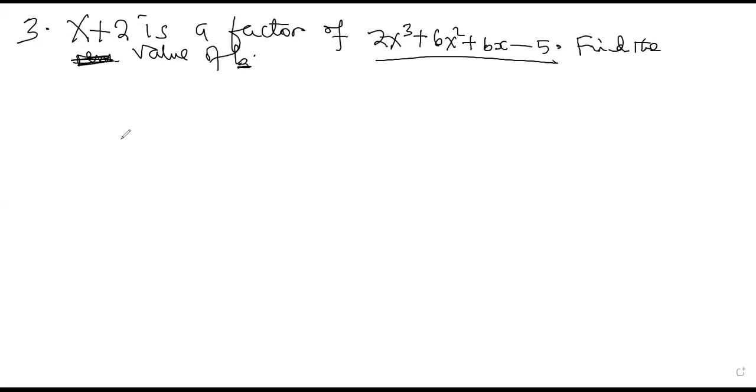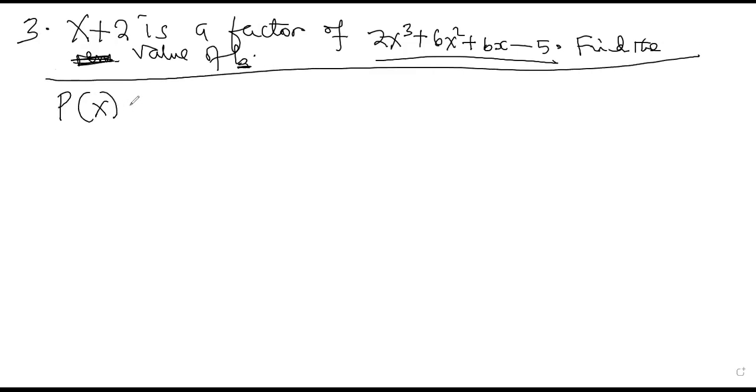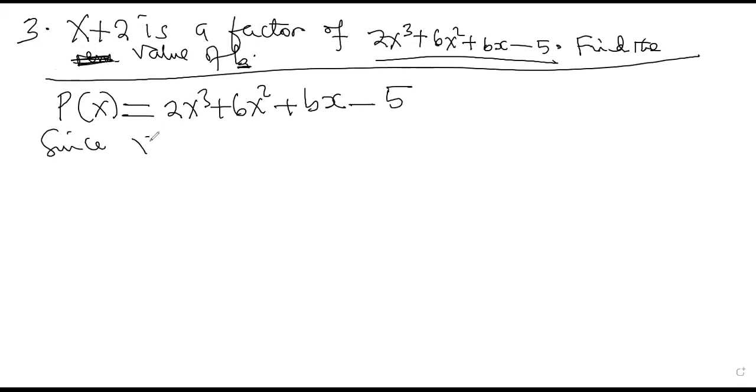So our polynomial P of x is equal to 2x cubed plus 6x squared plus bx minus 5. Since x plus 2 is a factor, the remainder is 0.